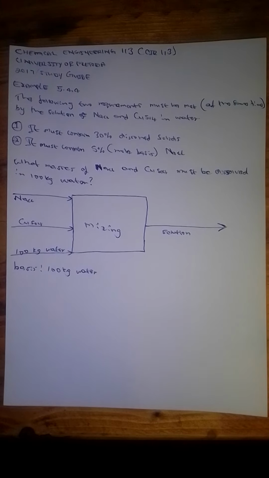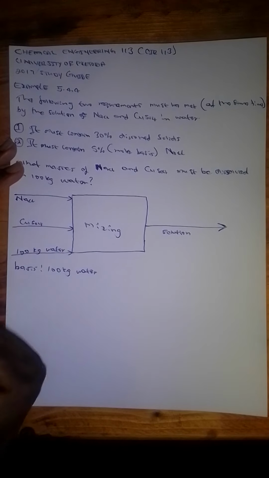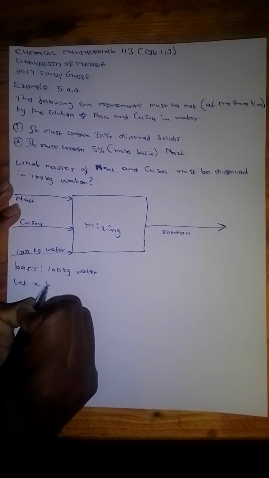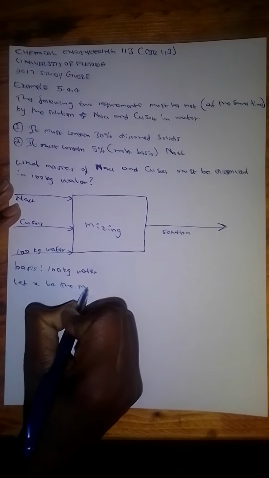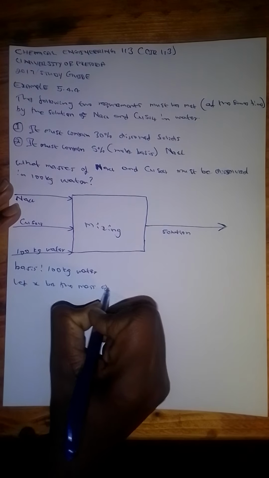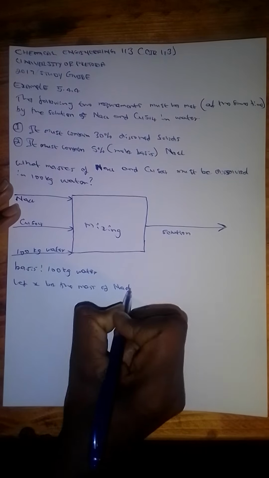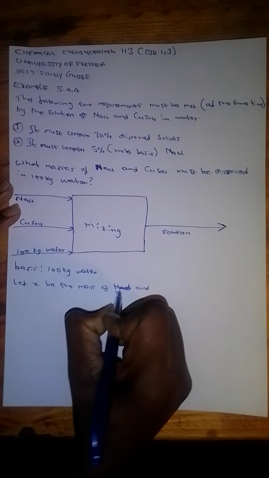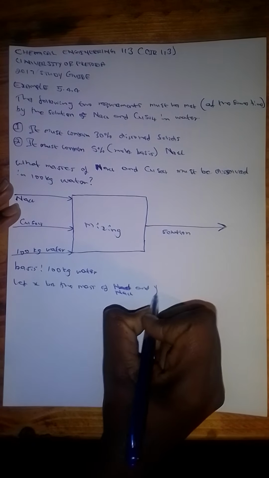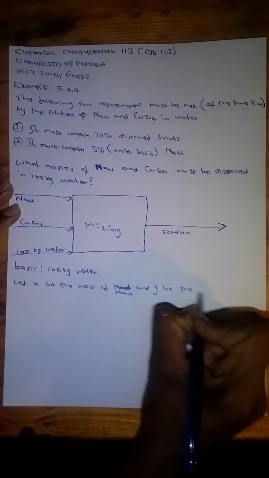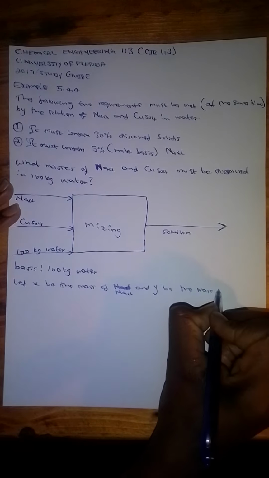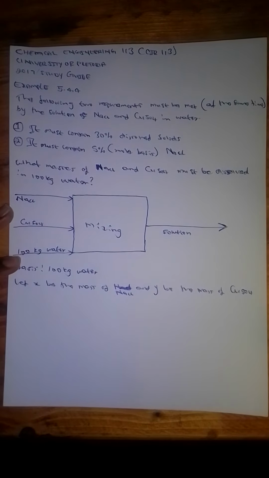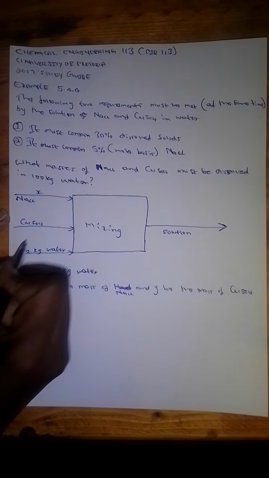So for equation establishing purposes, let's choose NaCl to be X and CuSO4 to be Y. So I'll just write that let X be the mass of NaCl and Y be the mass of CuSO4. So we have defined this to be X and we have defined this to be Y.